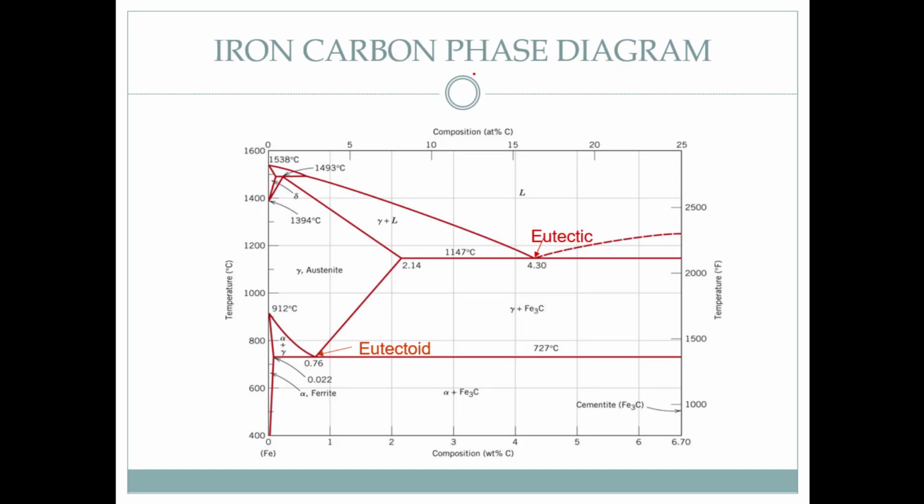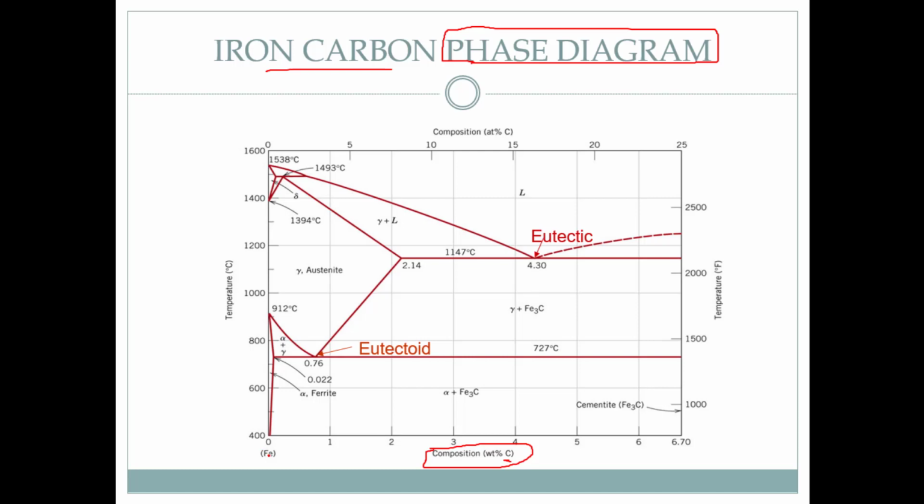Here we have the phase diagram. This is a very famous diagram. Okay, and this covers the iron carbon system. Okay, so here in the x-axis we can see that it represents the composition, which represents the percentage of carbon atoms in the iron.